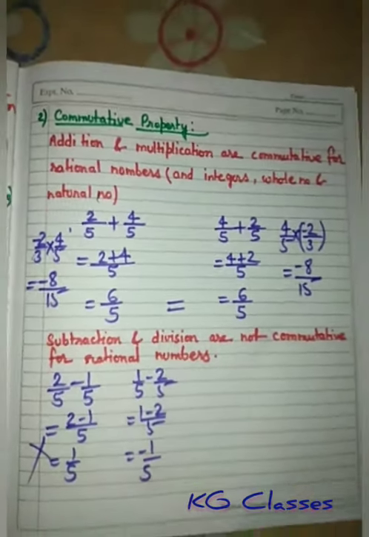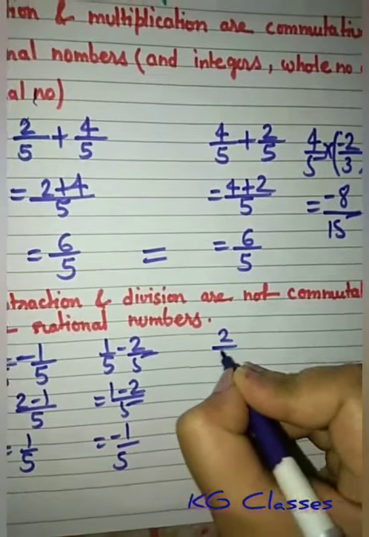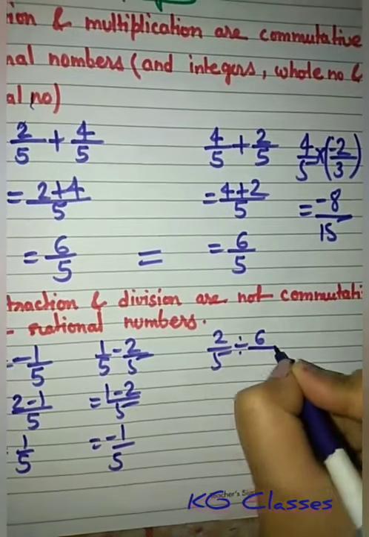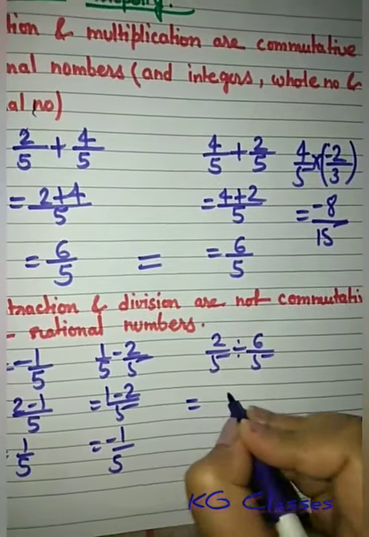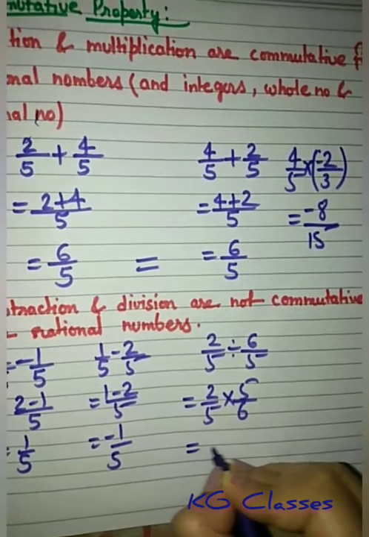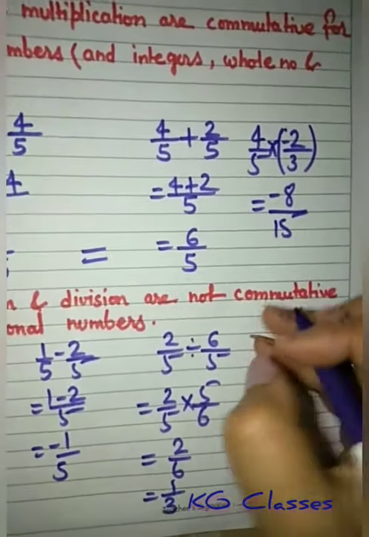Let's take division. 2/5 divided by 6/5, we will get 1/3.